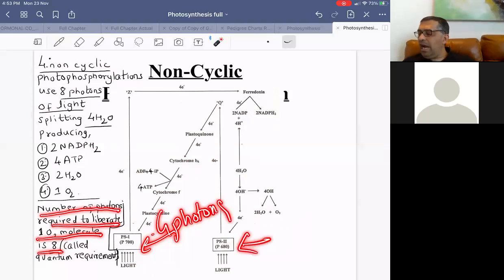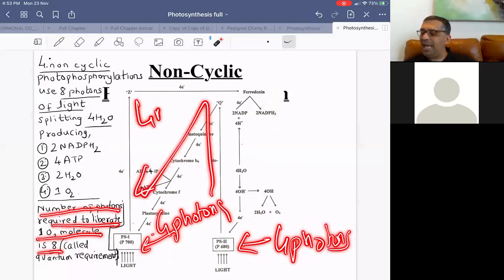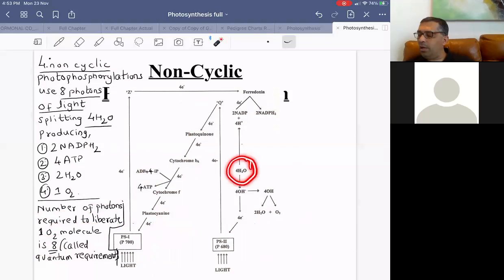4 photons and 4 photons of PS2 and PS1 for 4 non-cyclic processes, and 4 non-cyclic processes or 4 photolysis of water took place to liberate 1 oxygen molecule.